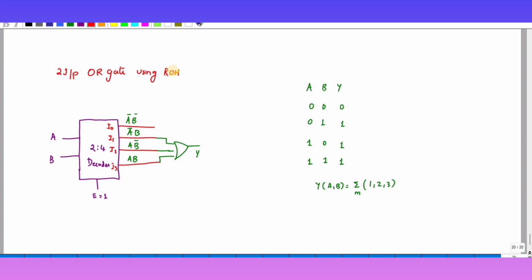Similar to before, I have used a ROM that is of 2x4 size. So how to implement this?